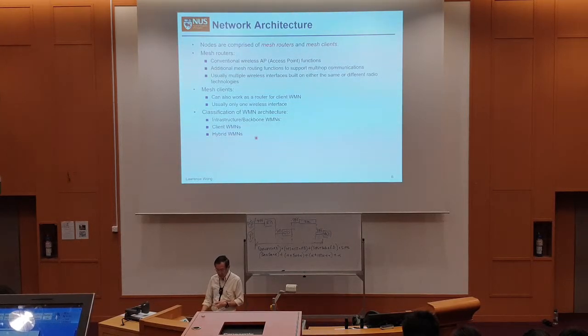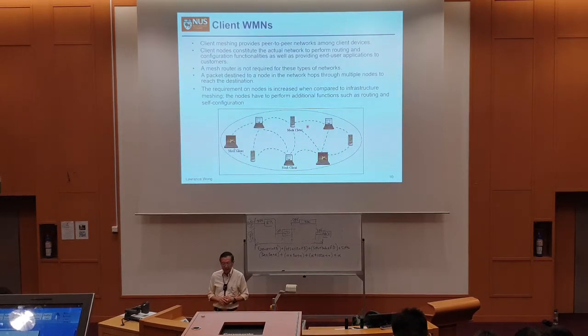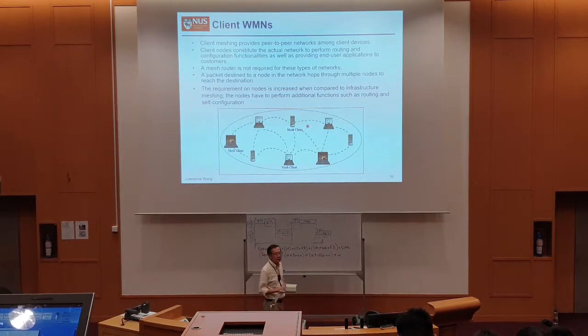So the first one, the infrastructure and backbone mesh networks, as you can see all these mesh networks out here are somehow connected to the backbone, and there's the internet there. So there's a gateway function to the internet. The client acts as a peer, so the client looks like an ad hoc network.